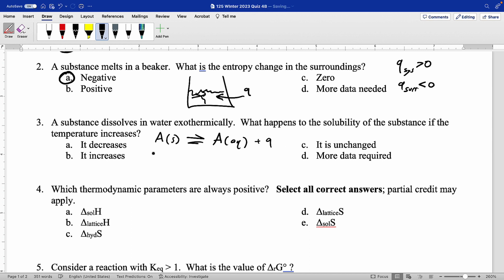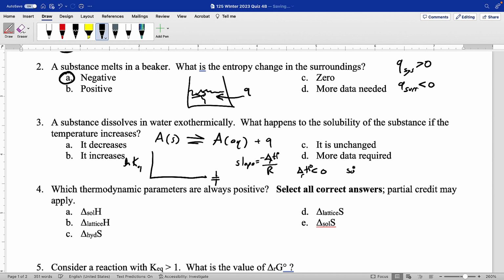But there's a more rigorous way of thinking about this, which is to remember that if we graph the log of the equilibrium constant for this process as a function of 1 over T, the slope is equal to negative delta H over R. Looking at this graph, we said it was exothermic, so delta H is a negative number.